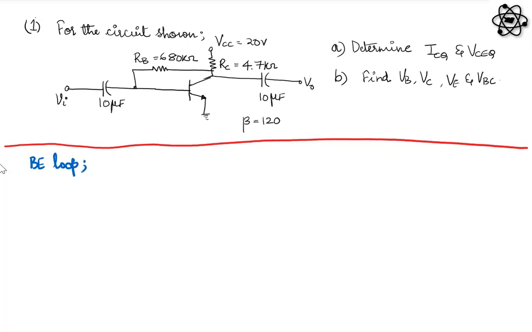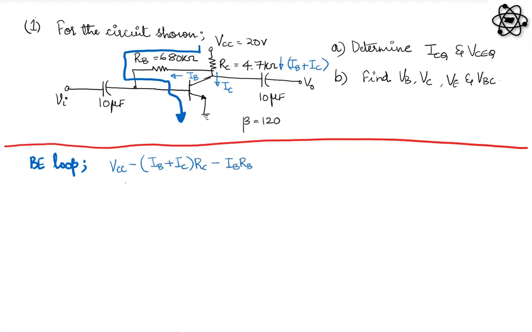What I will do first is apply KVL to the input part of the circuit, which I have shown here in blue line in the circuit. So I can apply KVL as VCC minus (IB plus IC) into RC minus IB RB minus VBE equal to 0.